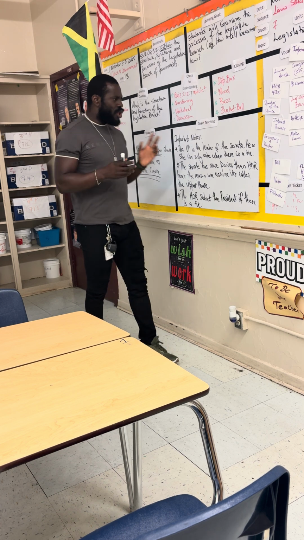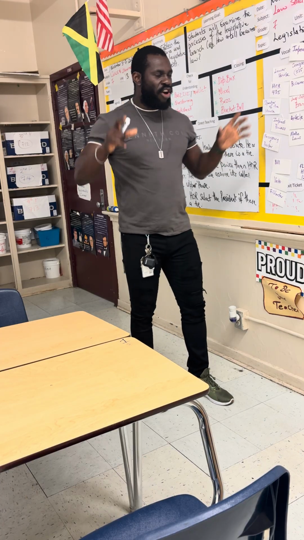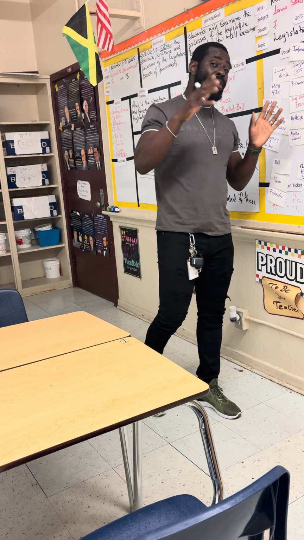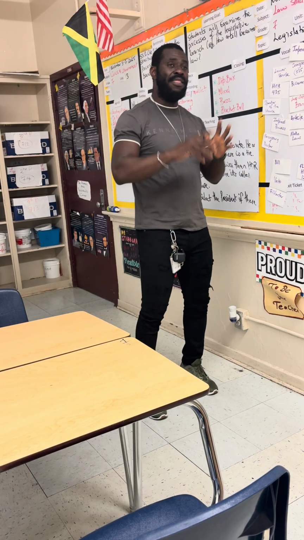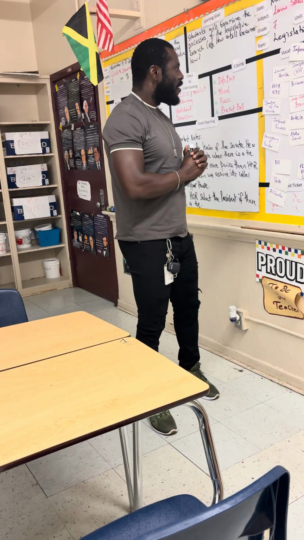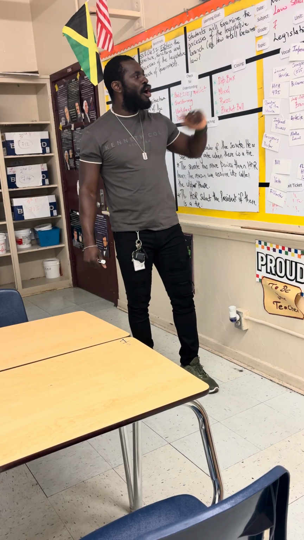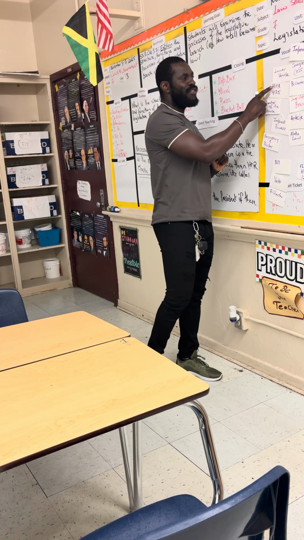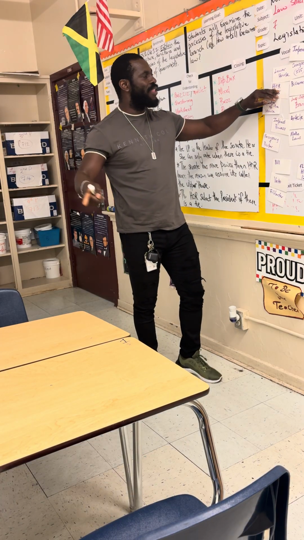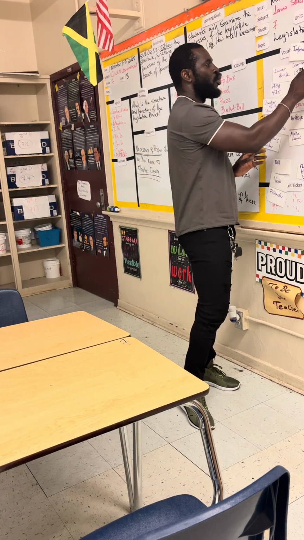Just to recap, yesterday we looked at the structure, and we know that Article 1 in the US Constitution outlines the structure, functions, and processes of the government for the legislative branch. The House of Representatives is also known as the lower house, and the Senate is also known as the upper house.